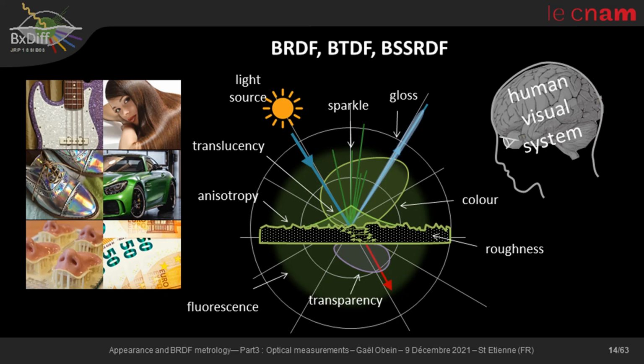What is sure is that if we are able to make BRDF, BTDF, BSSRDF measurements, we will have information that is related to all those visual attributes. Because this is my surface, I illuminate the surface from a direction that I can control with my device.